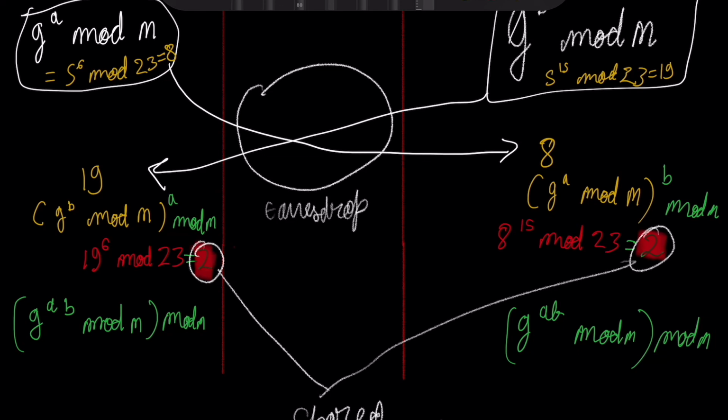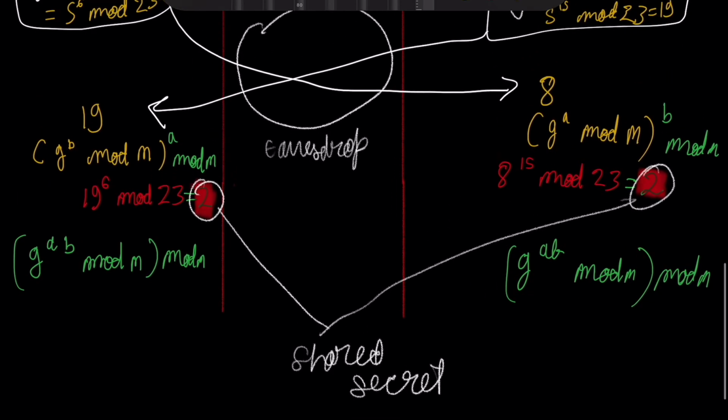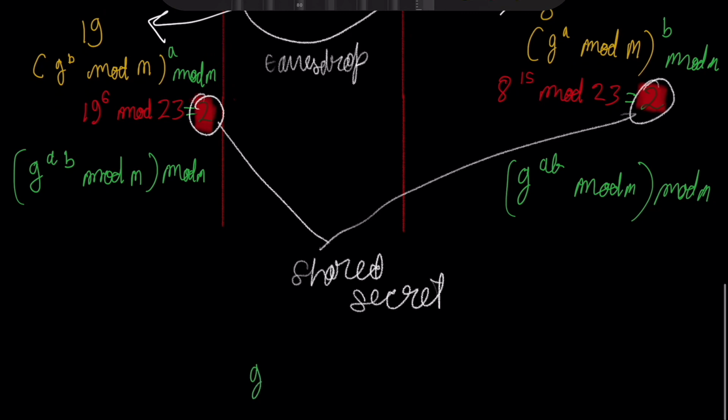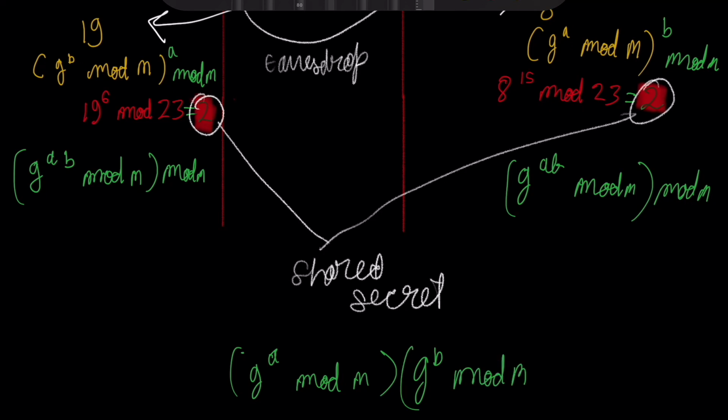And you might think, what if someone was eavesdropping? They would have got g to the power a mod n and g to the power b mod n. If they multiply these, they will only get g to the power a plus b mod n.